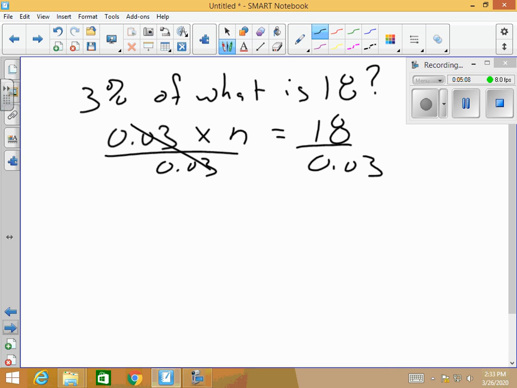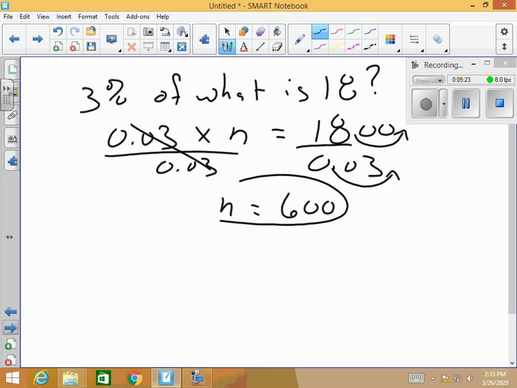Anything divided by itself is 1, leaves us with N. Over here, I'm going to make it a whole number, so times 100. What I do to the bottom, I have to do to the top. So 3 goes into 1800, 600 times. And if you can imagine, 3% of 600, a very small percent of 600, is actually 18. And things start to make sense as far as the numeric values.